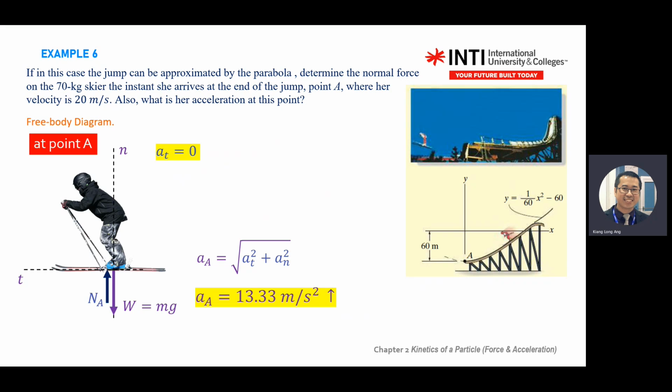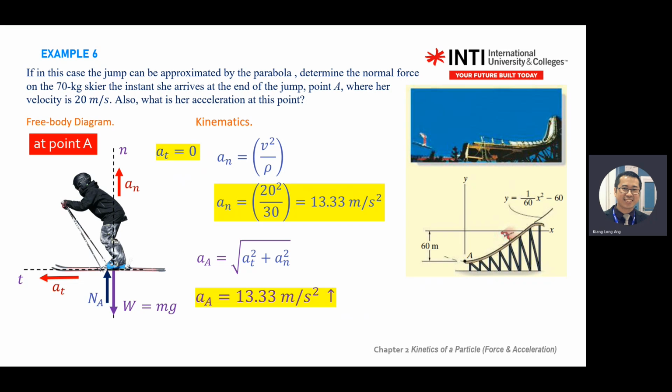You have tangent direction and normal direction. You need to find the resultant. Square this one, a squared n component, squared t component. You get NA equal to 133. Okay, 133. So NA is V squared over rho, 133, and you can find the angle.